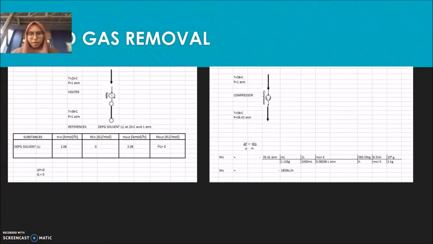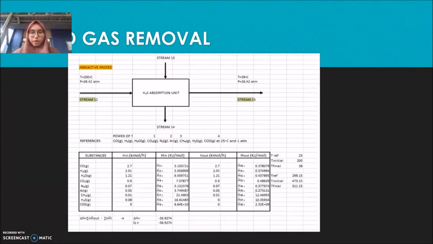As the compressor is a mechanical device, we use the formula delta P over rho equal to negative Ws over M, and we calculate the Ws using the formula. We obtain Ws equal to negative 1859 kilojoule per hour.